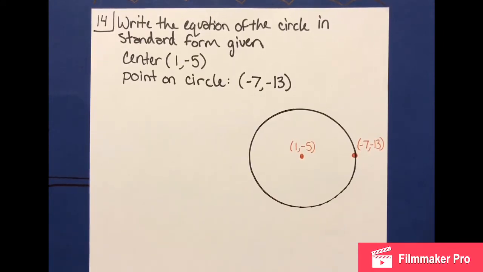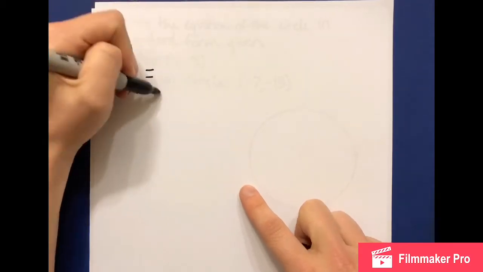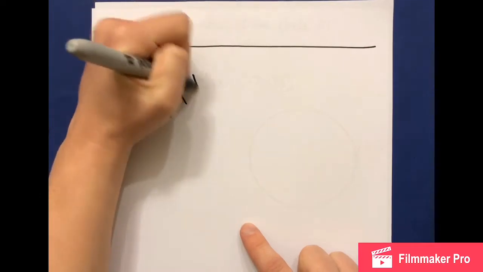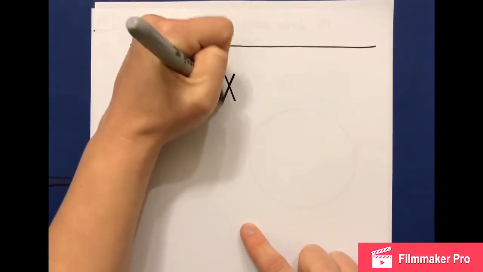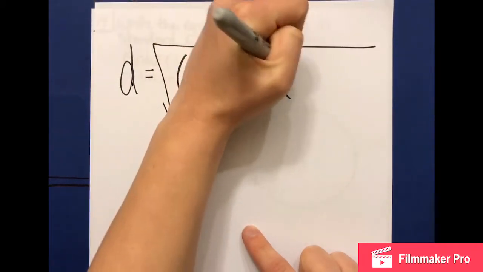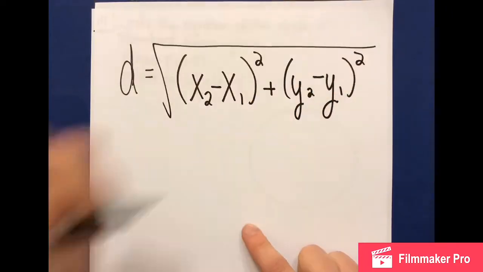Looking at what we actually have from a different chapter, it's actually section 1.3 if you remember. We have the distance formula, which is the one that we memorized. So we have the square root of x2 minus x1 squared plus y2 minus y1 squared.